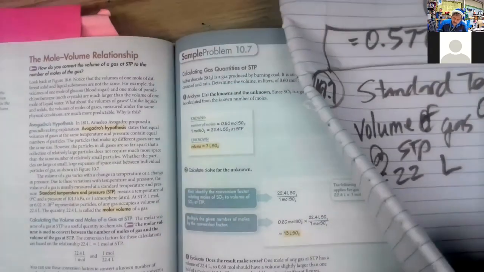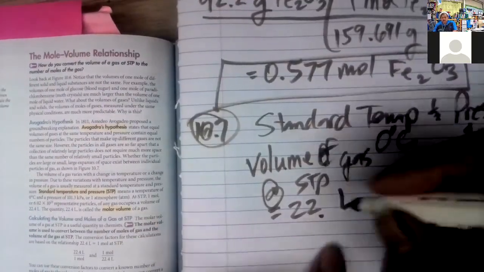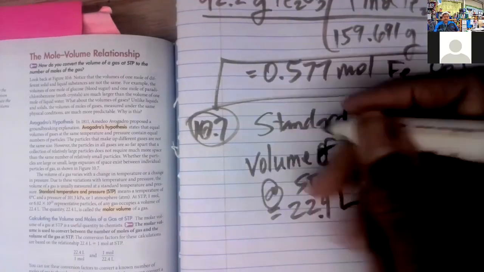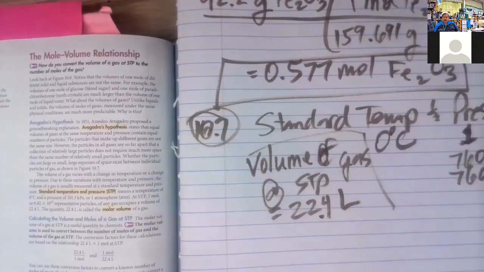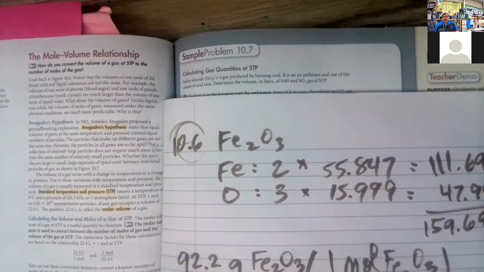Okay, so that's something we haven't come across yet. It's actually, we usually say 22.4 liters. So that's another number you're going to need for this problem, okay, 22.4. So let's look at the problem now that you know some background info.